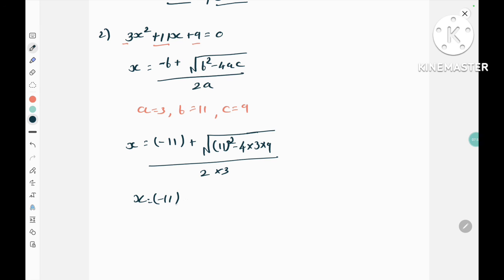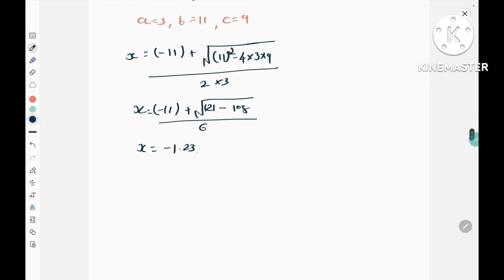So the answer is minus 11 plus, okay, 11 square is 121, minus 27 times 4, which is 108, over 6. So the final answer is going to be minus 1.23. Okay, I rounded this number.